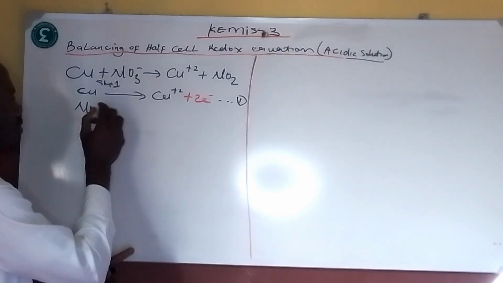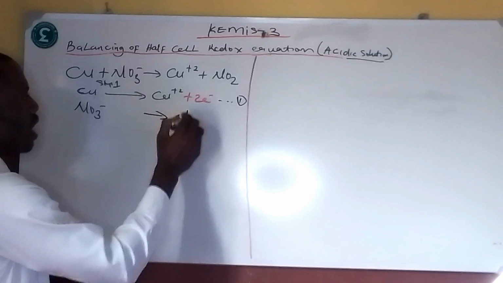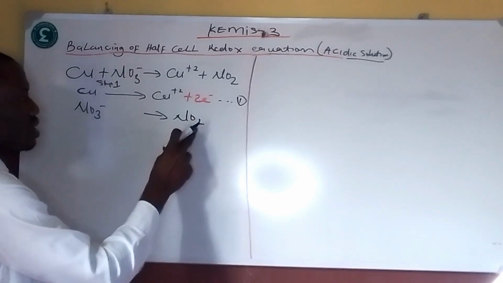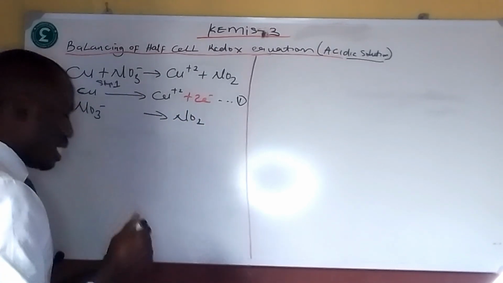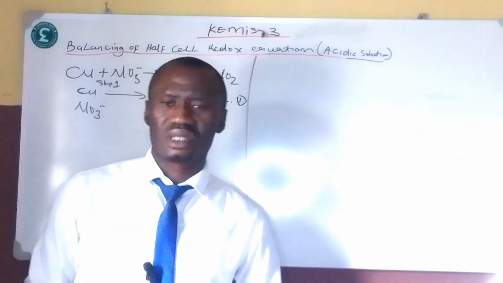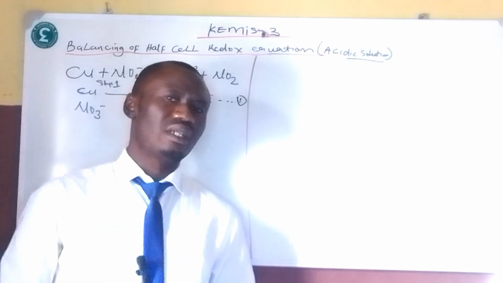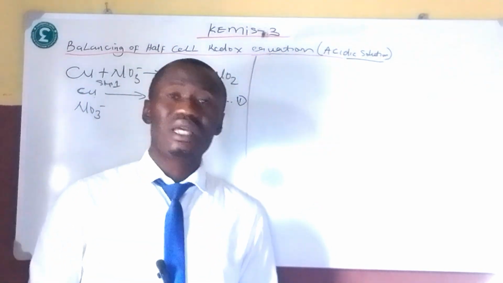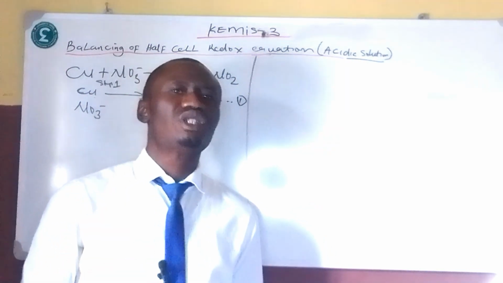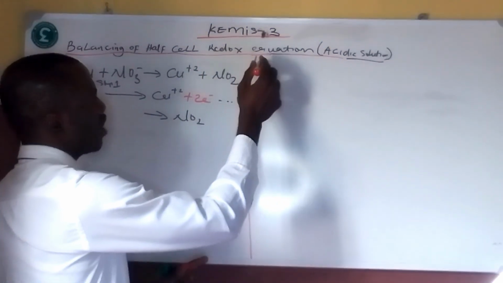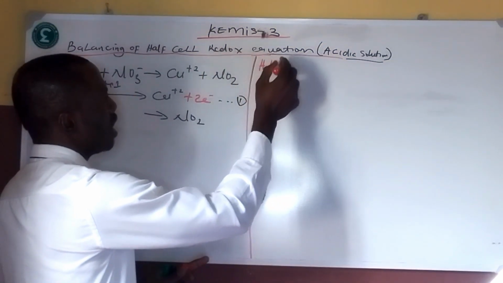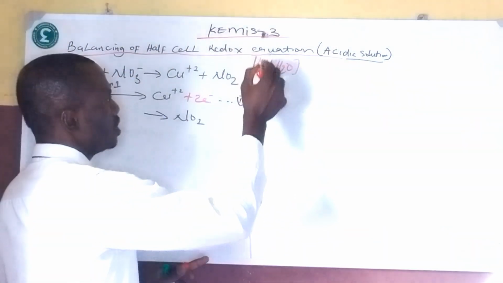I'll pick up the next half equation. NO3 minus gives me NO2. Oxygen is 3, oxygen is 2. And then if you are balancing half-cell redox equation under acidic solution, the major thing, as I've told you in our previous video, is that you are going to add hydrogen and water. So have in the back of your mind, we are adding hydrogen and water to the equation.